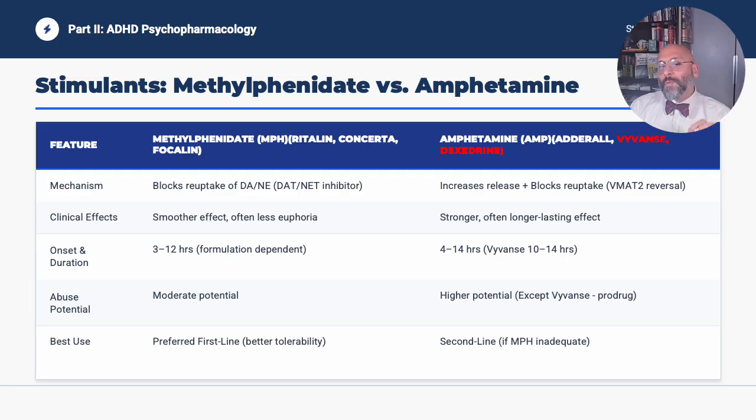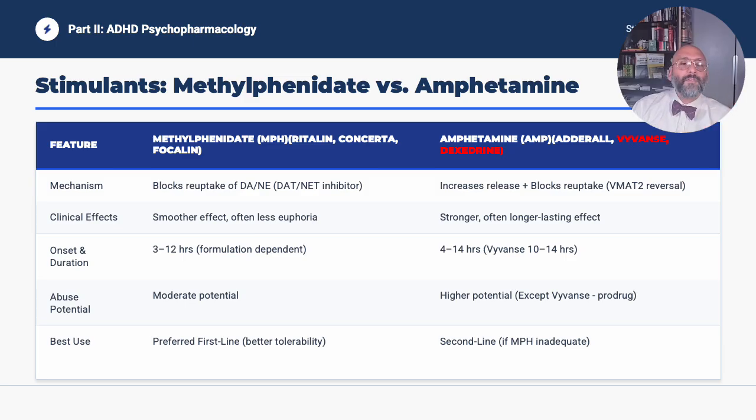Now, abuse potential is a reality, not a moral judgment. Methylphenidate has moderate abuse potential. Amphetamine has higher abuse potential, with Vyvanse being the partial exception due to that delayed activation. This matters most when your diagnosis is uncertain, there's a history of substance use, or monitoring is inconsistent.